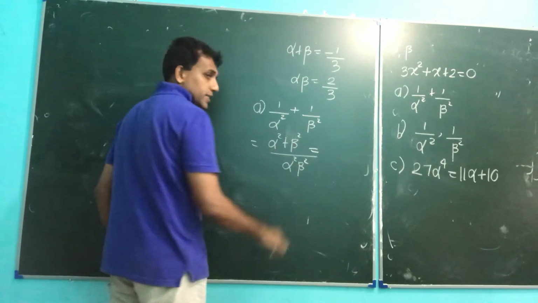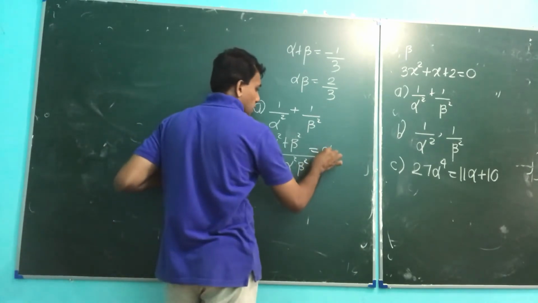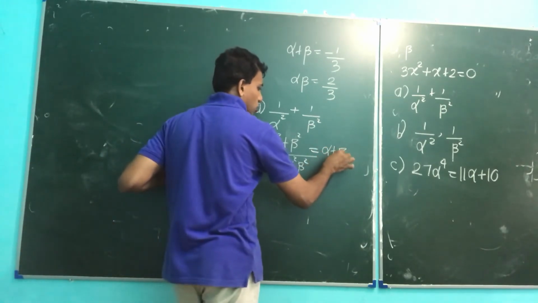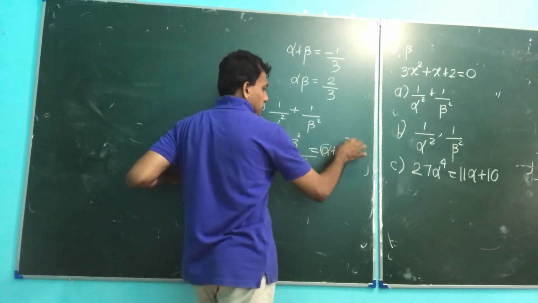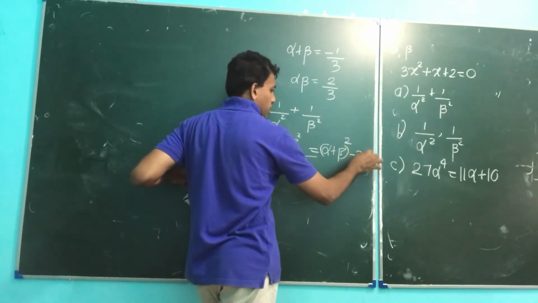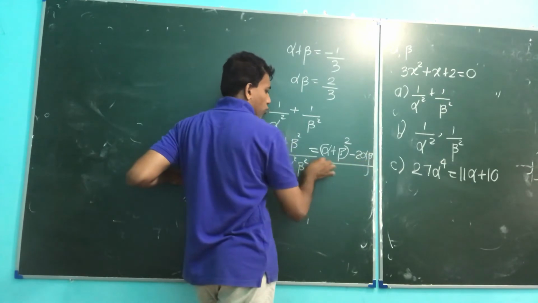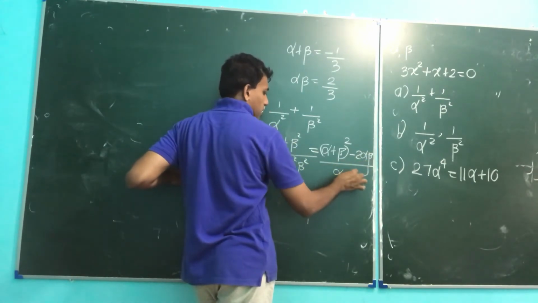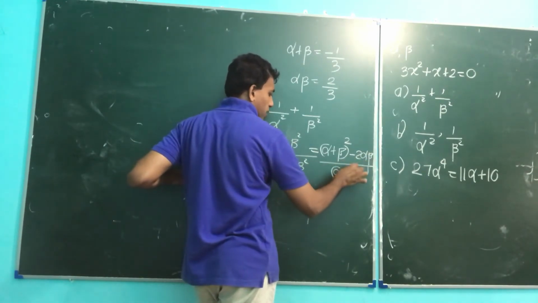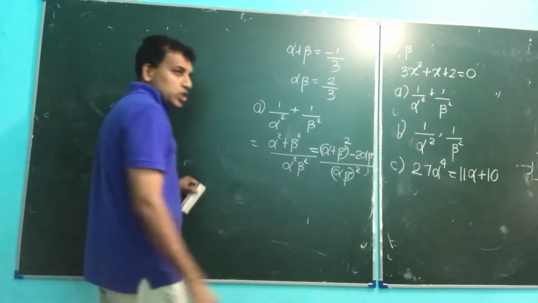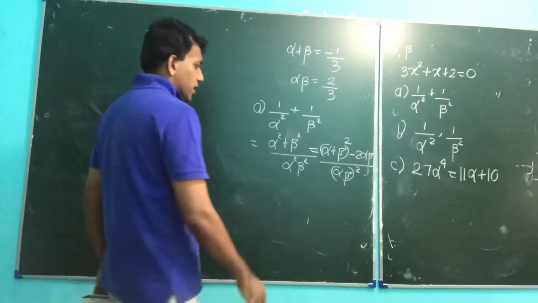You can write this in sum of the roots pattern: alpha plus beta all squared, then subtract 2 alpha beta, over alpha beta complete square, right? Make the summation and product, and now write the answers.